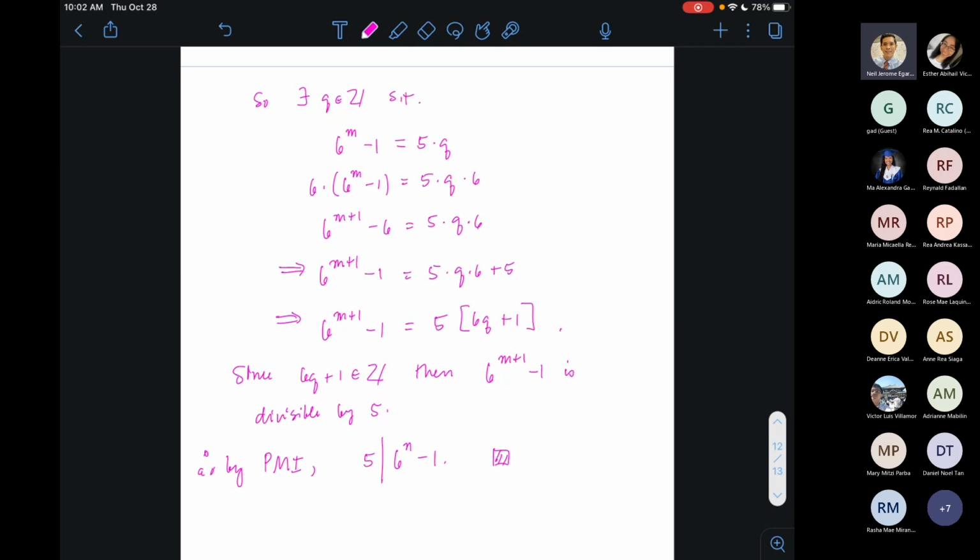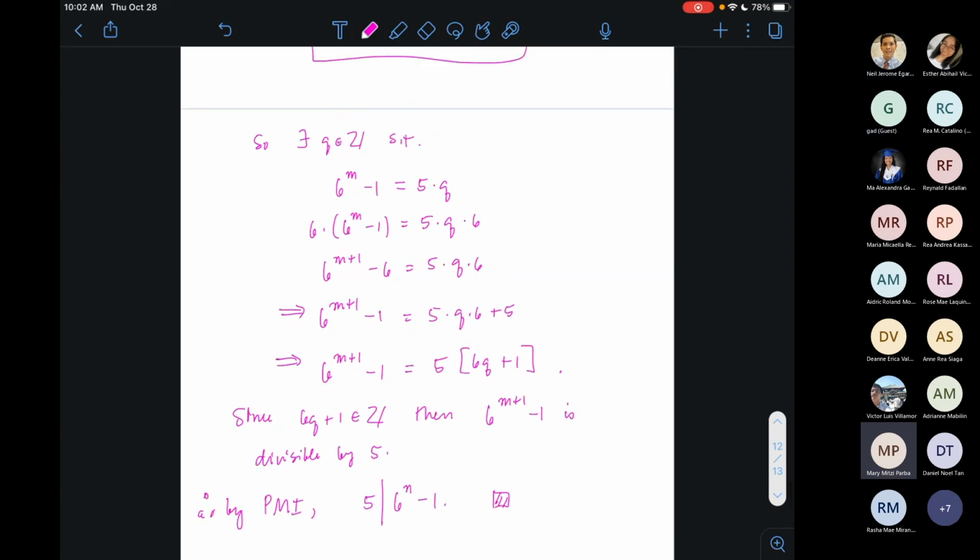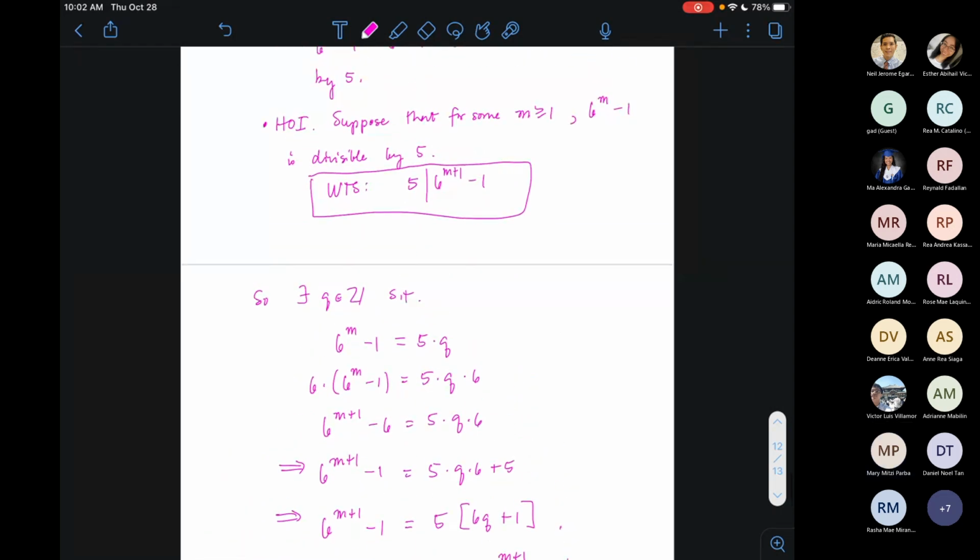Daniel, do you have a question? Or nakalimutan lang ibaba? None po. Okay, thank you. Sige, si Mary muna tapos si Kat. Yes, Mary? Tanong ko lang po dun sa HOI po, hindi na po ba natin kailangan sabihin na m is a natural number po? Yeah, good point. Dapat sinabi ko siya, no? Pero kung understood na naman, pwede nyo na siyang hindi ilagay. Okay?